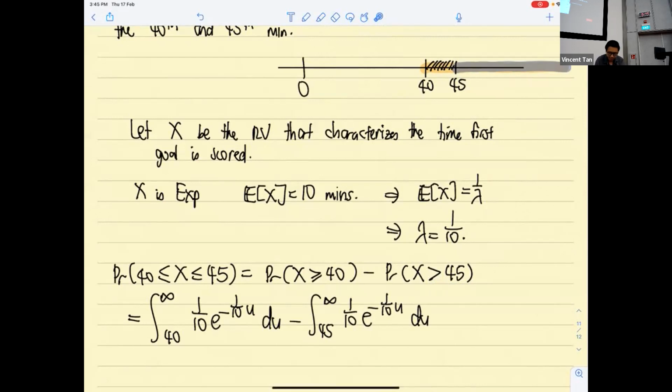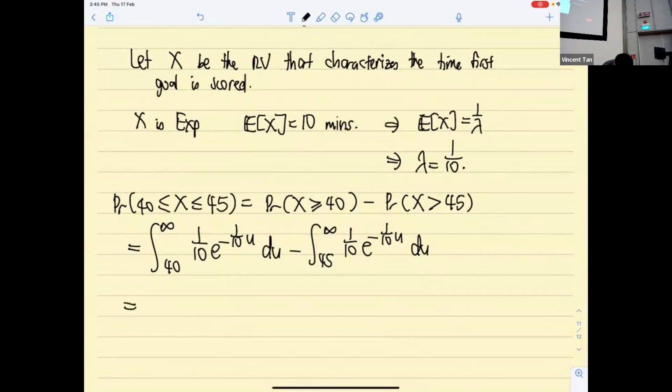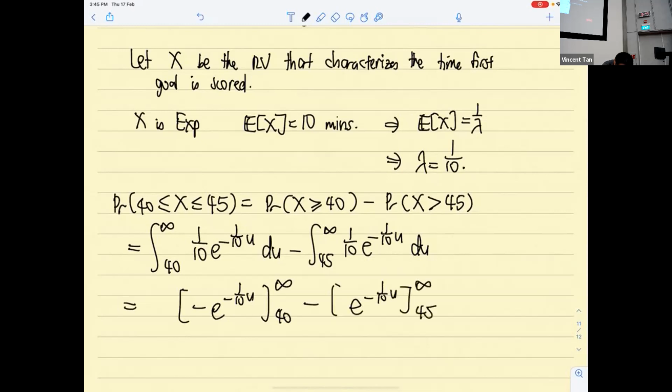Immaterial means don't care. We perform this integration and have minus e to the minus 1 over 10 u, plugging in infinity and 40, minus e to the minus 1 over 10 u, plugging in infinity and 45.